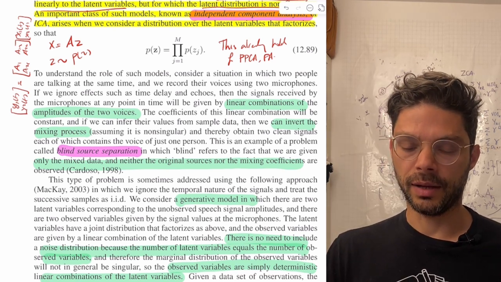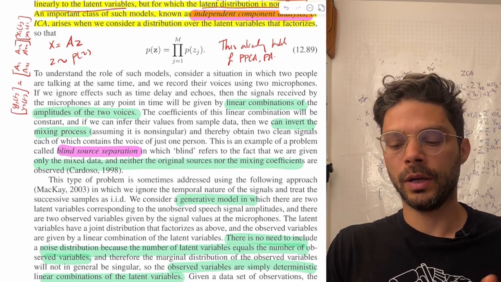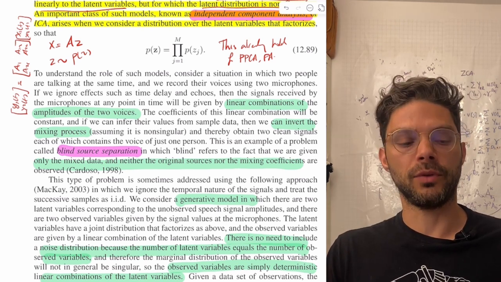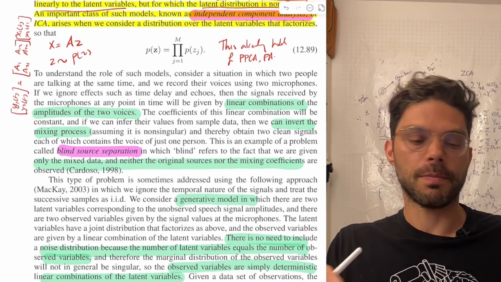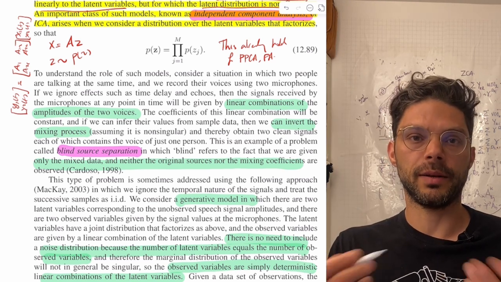That was a setting with a low-dimensional projection, and if we didn't have a noise distribution, then for some observation values we wouldn't be able to assign probabilities.